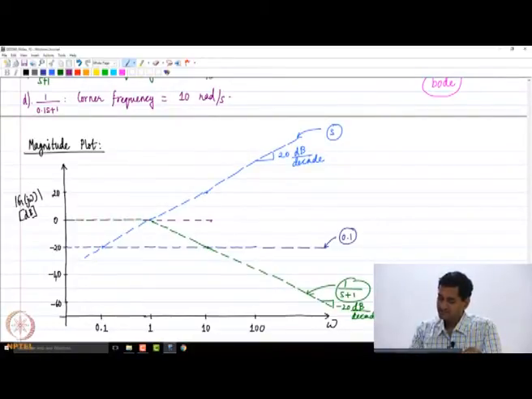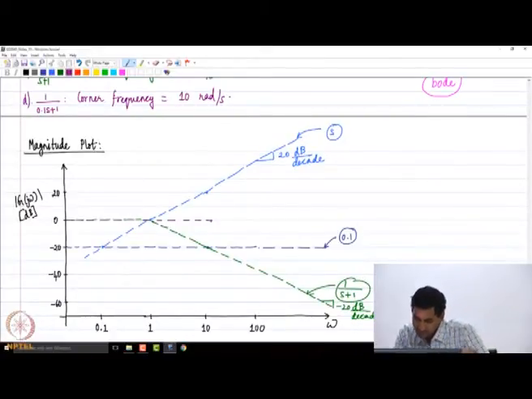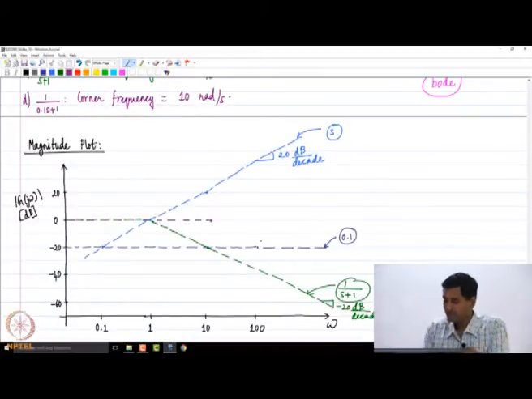At 10 radians per second, the value is 0 decibels. If I want a slope of minus 20 decibels per decade, what is the frequency? 1 decade above 10, 100. At that frequency, I should have a value of minus 20. So, at 100, I mark minus 20 as my magnitude, and then I just draw a line that passes through this point.